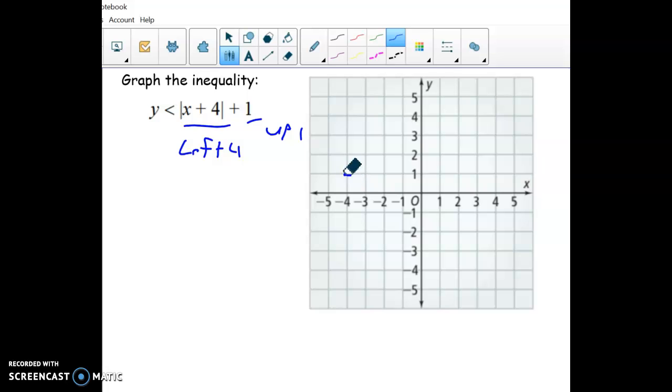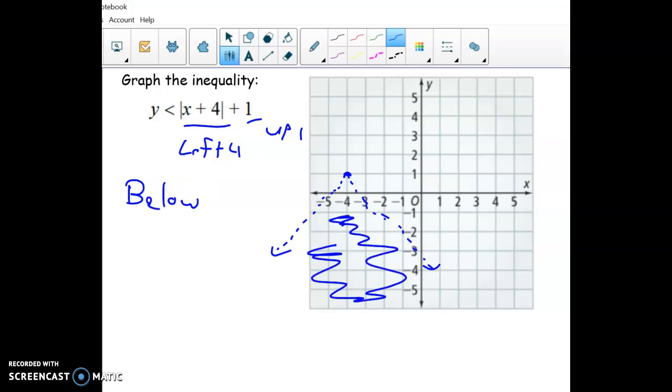So I'm just going to draw it going down, but I got to remember to draw a dashed line because there's no equal to here. A dashed V, and then I'm going to shade below. Right, because the mouth is facing away from y, it's below that V, so I want to shade down here. So that one's an inequality where you've got to draw a dashed line and then shade below.